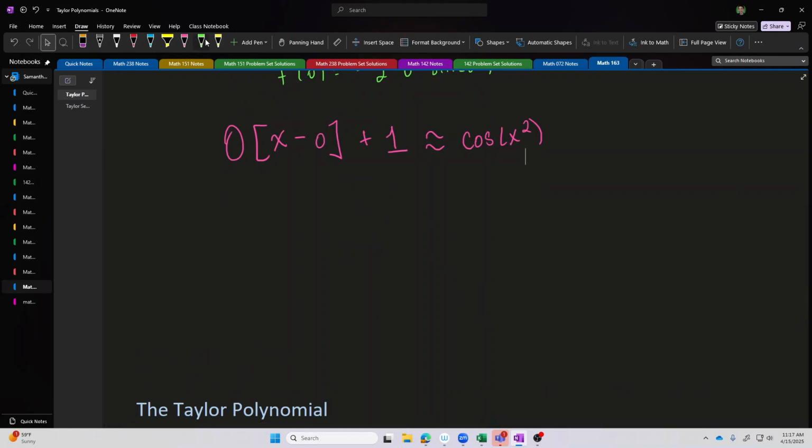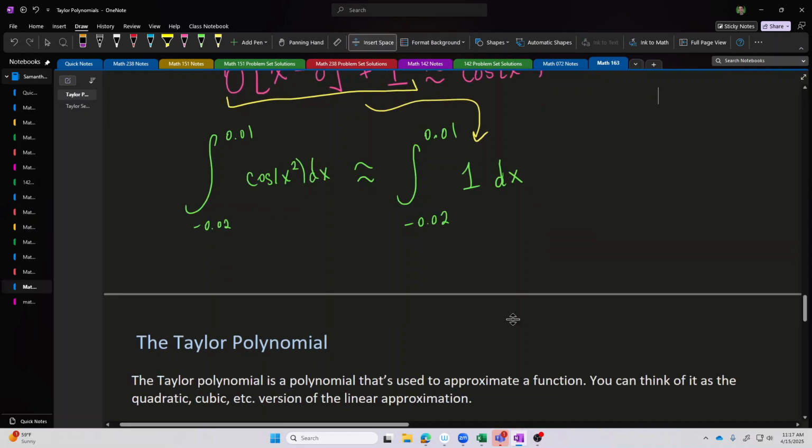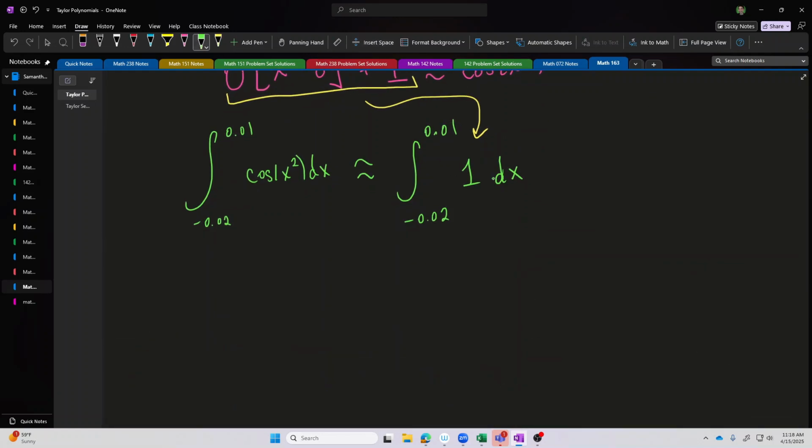So that means that instead of integrating cosine of x squared from negative 0.2 to positive 0.1, I can get an answer that's approximately the same by integrating the linear approximation instead. And that linear approximation is way, way simpler compared to the original function, right?